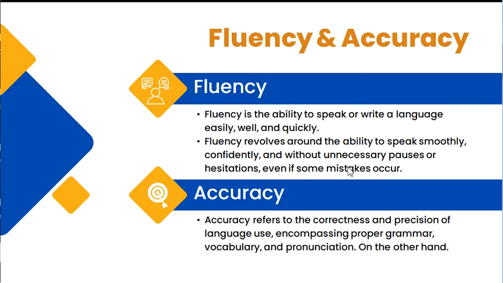But specifically, when we define fluency in the context of speaking, it's the ability to speak or write a language easily, well, and quickly. So fluency revolves around the ability to speak smoothly, confidently, and without unnecessary pauses or hesitations, even if some mistakes occur.